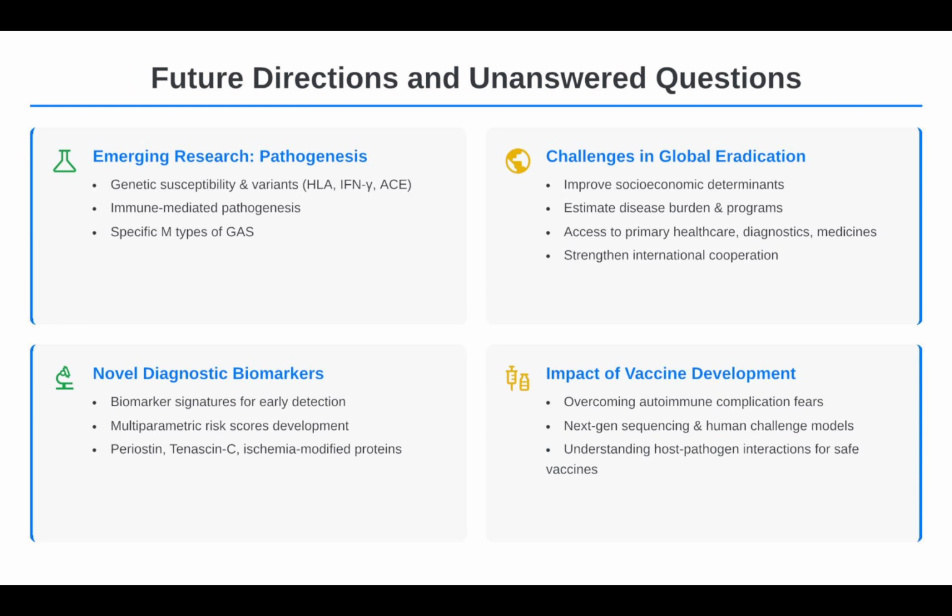The quest for novel diagnostic biomarkers for earlier, more specific detection of acute rheumatic fever continues, especially for subclinical cases. Globally, the eradication of acute rheumatic fever faces immense challenges, often tied to socioeconomic determinants. Ultimately, the development of a safe and effective group A streptococcus vaccine remains the holy grail for primary prevention, though challenges like antigenic variability and avoiding autoimmunity persist. These are the frontiers we continue to explore.